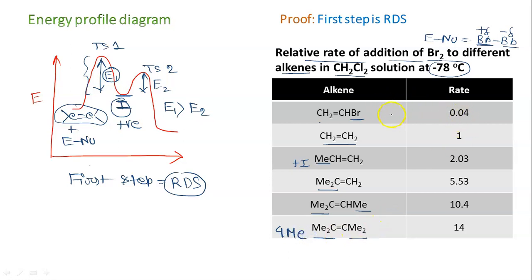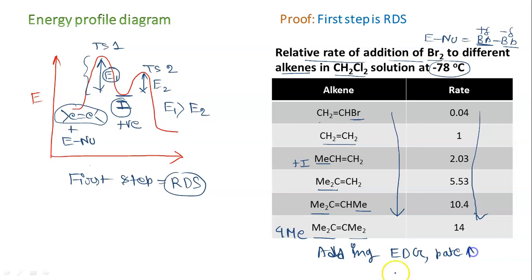Now see, as we are moving down, basically we are increasing the electron donating groups, right? And look at the rate. As we are moving down, the rate is increasing. So what does it prove? It proves that as we add electron donating groups, the rate of the reaction increases, right?